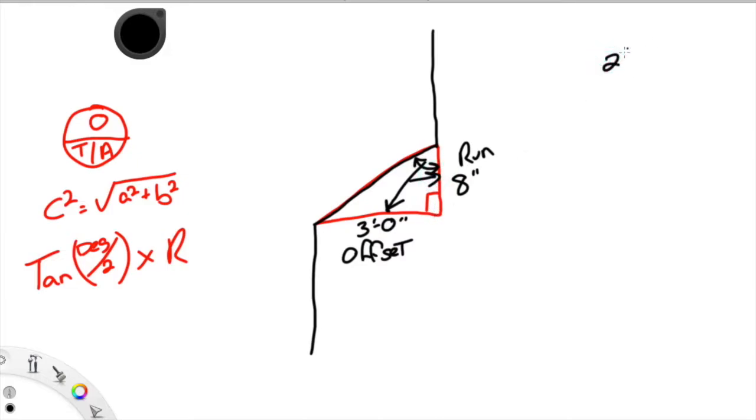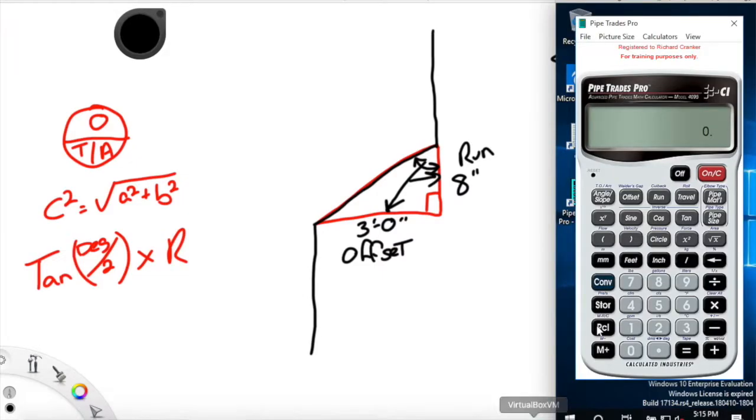So we got 3 feet divided by 8 inches. Gives us a tangent of 4.5.